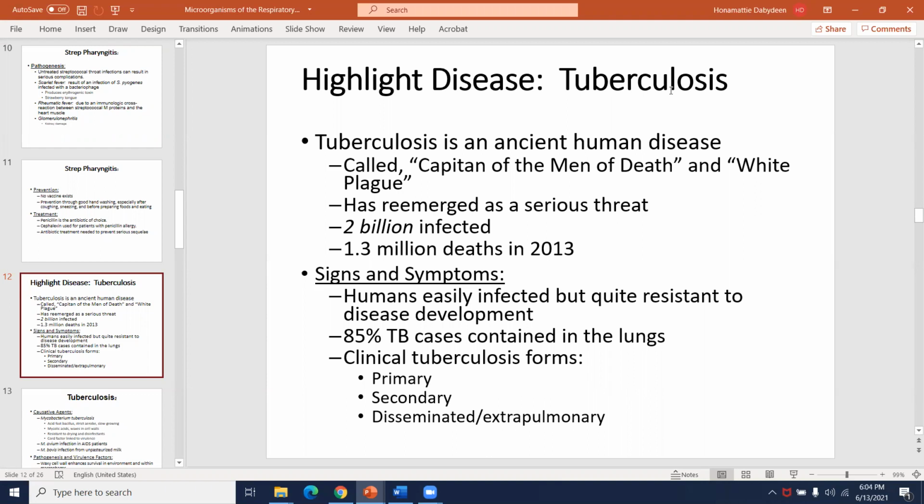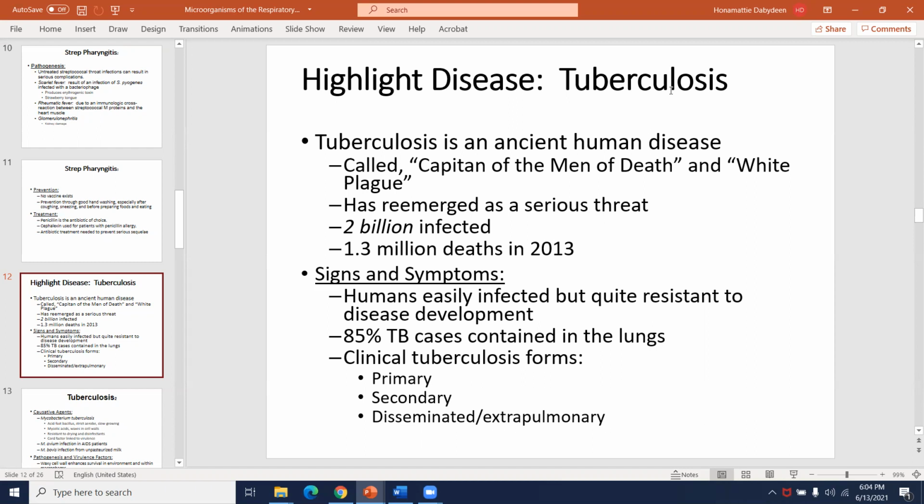Your response to it should be the macrophages will come and engulf them, and they do. But the thing is that these organisms, even though they were engulfed by the macrophage, they continue to grow in the macrophages. At this point, the patient is asymptomatic, but organisms are growing in the macrophages, and they keep on growing and growing. Many times the macrophages will just break open and they'll invade more. Eventually, they will end up in the bloodstream and the lymphatic.